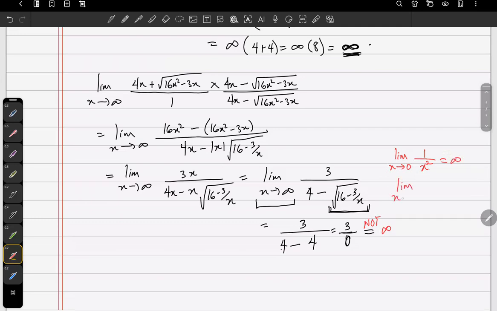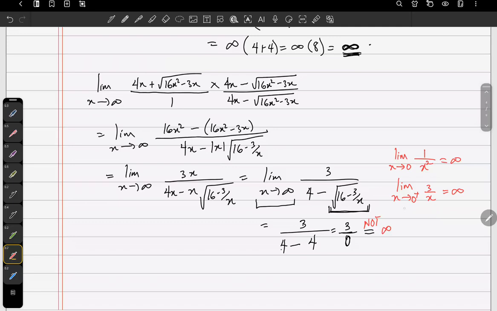The limit as x goes to 0 from the right of 3 over x can be equal to infinity. That doesn't mean that 3 over 0 is infinity. That means that as x is going to 0 from the right, you're going to get positive infinity. It doesn't mean you should say 3 over 0 is equal to infinity.